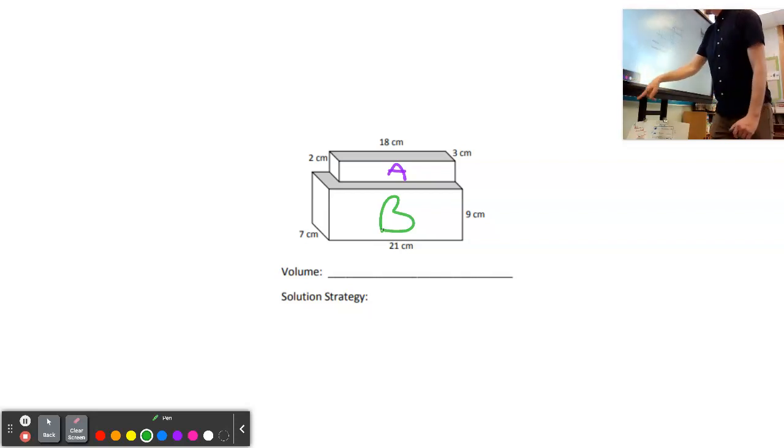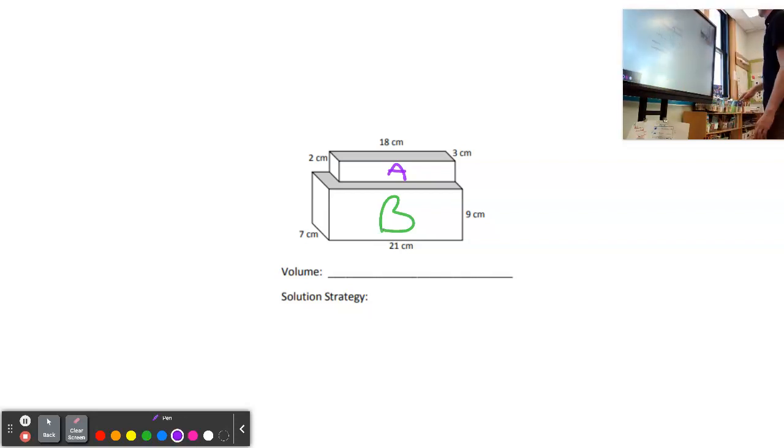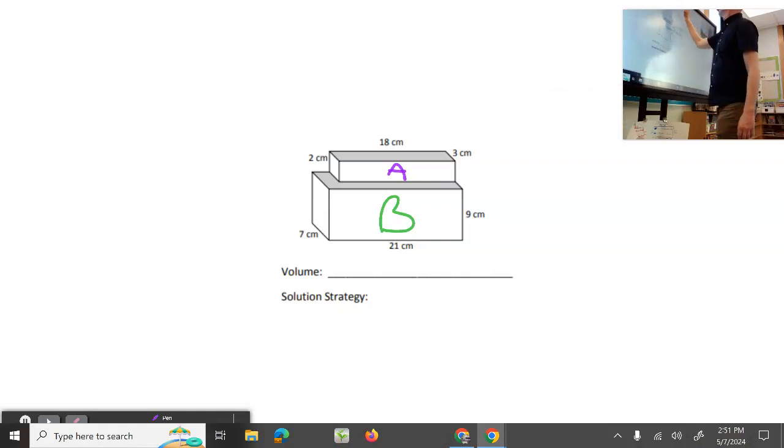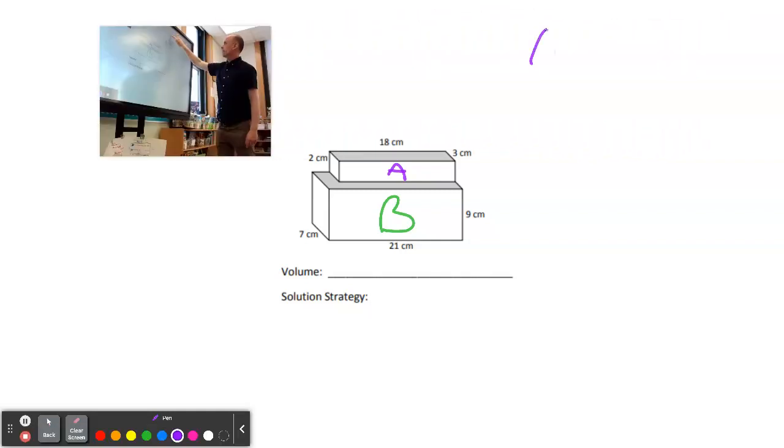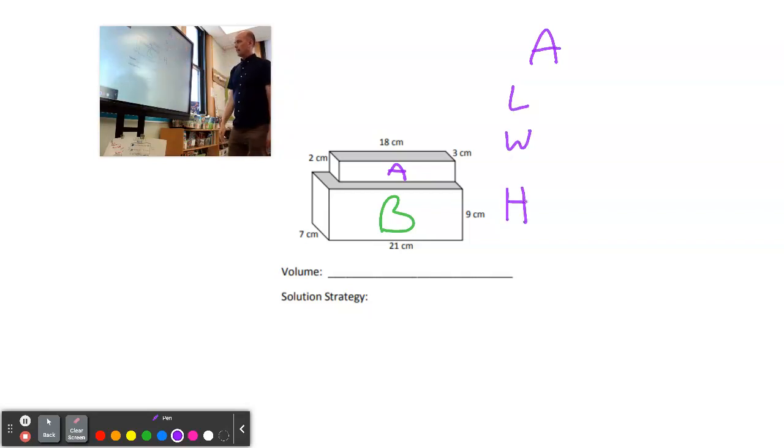All right, so we're going to set up A. So here we set up A. We have a length, a width, and a height. Okay, so here I want the length of A. That would be, it's pretty clear.